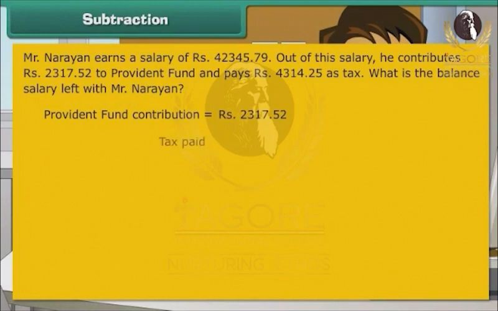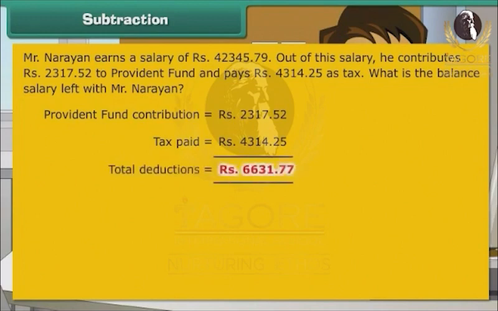Provident Fund contribution is rupees 2,317.52. Tax paid is rupees 4,314.25. We add the two to get the total deductions as rupees 6,631.77. Total salary earned is rupees 42,345.79.